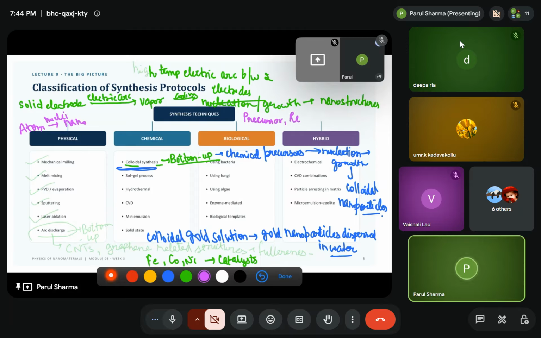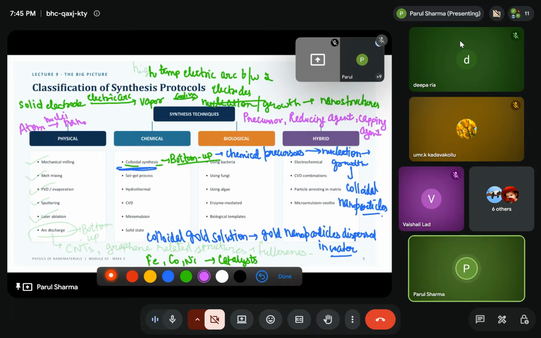Second is the reducing agent, which will convert metal ions into neutral atoms. And the third is the capping or stabilizing agent. What will the capping agent do?